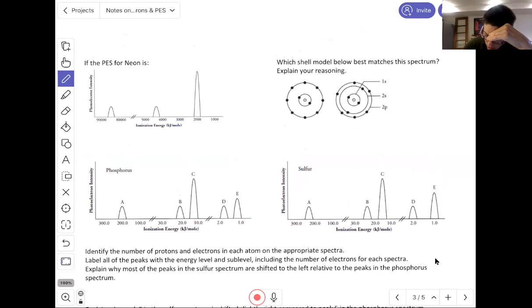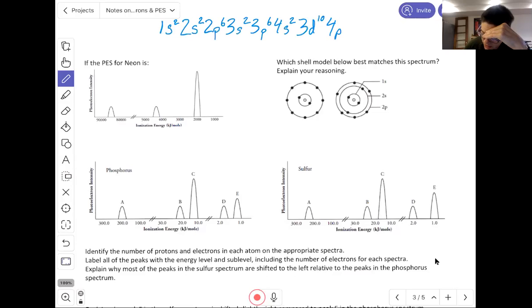So it was always 1s2, 2s2, 2p6, 3s2, 3p6, 4s2, 3d10, 4p6, 5s2, 4d10, 5p6.